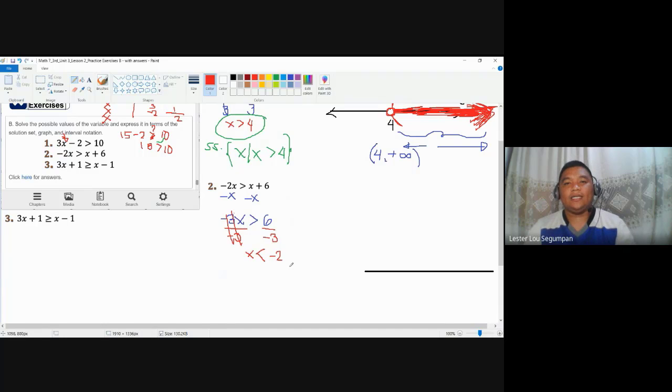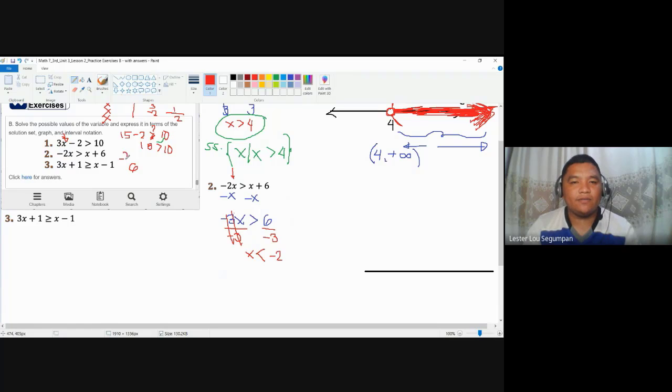Let us try to determine if our interchanging of the inequality sign will make our inequality still correct. So a number less than -2 could be -3. Let's substitute it here. So -2 times -3 is +6.